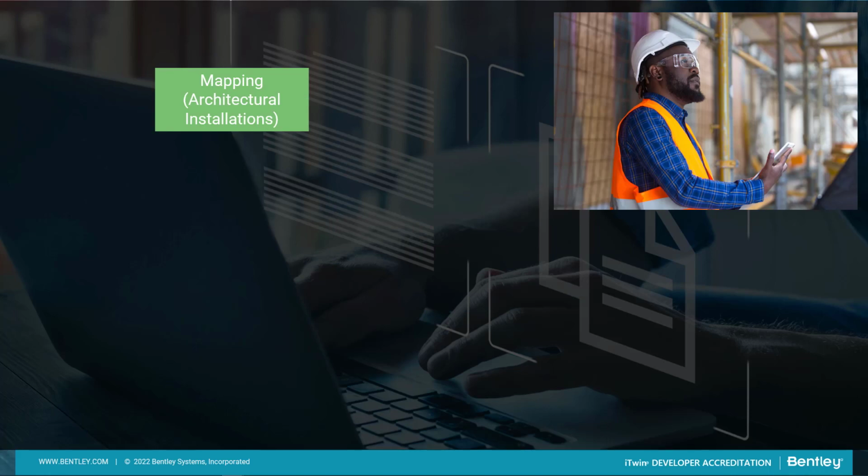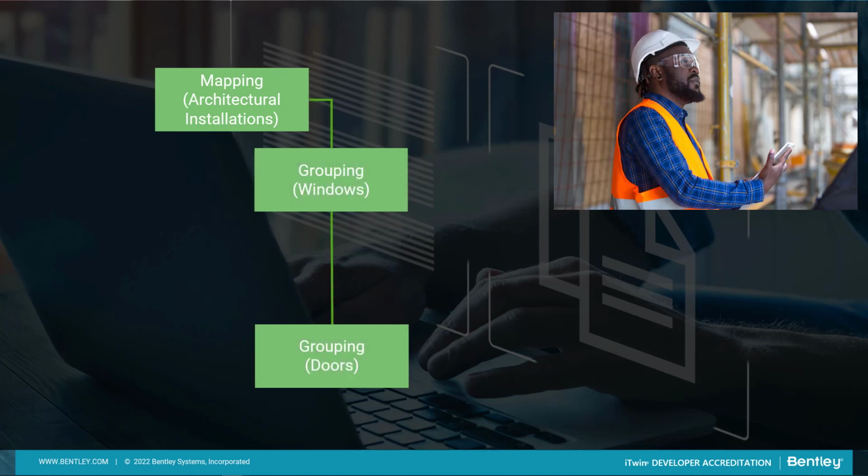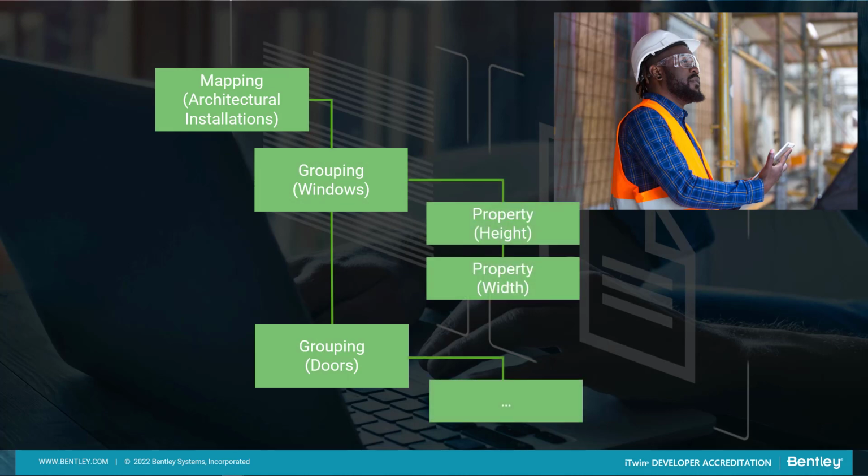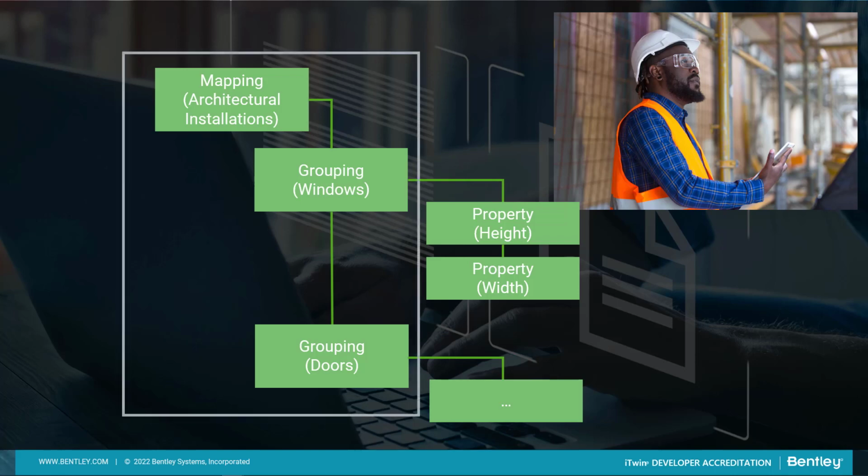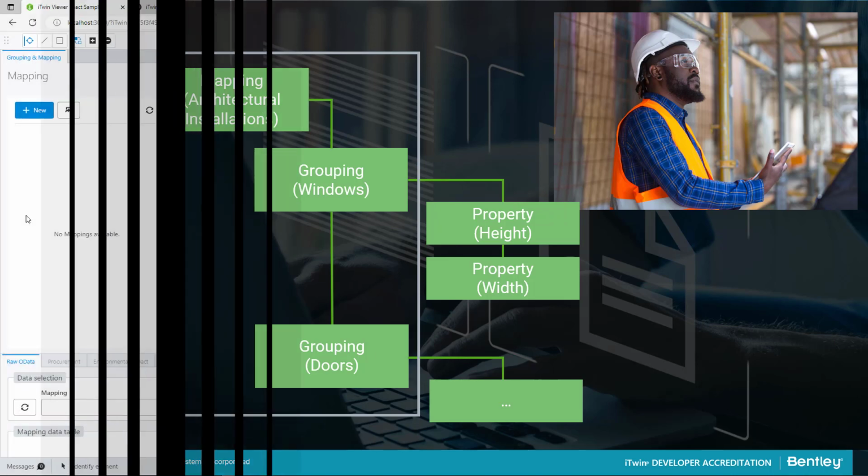This is because that is the view that Paul needs for his report. This mapping will have two different children, the windows group and the doors group. And those groups will have their own children, sharing properties of height and width, but for the purpose of this video, we're just going to be focusing on creating the mapping and its groups. So let's jump into the application and see how it's done.